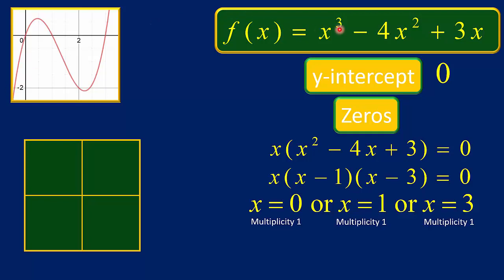And notice it's an odd power, right? Well, here's the deal. We're going to make a little table here for you, a little something that you can use. If you're dealing with a polynomial and it has an odd degree, and it's positive out front, see, it's an odd degree and it's positive out front, then it's going to behave just like x cubed.